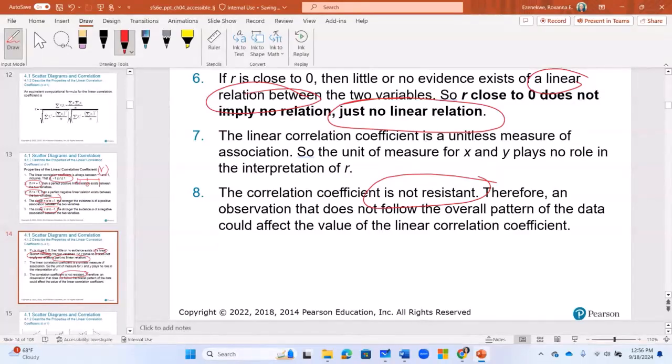Another way of saying that, an outlier could cause a high positive linear relationship or high negative linear relationship. Therefore, it is not resistant to outlier. That means that outlier can affect R. So we got to be careful.